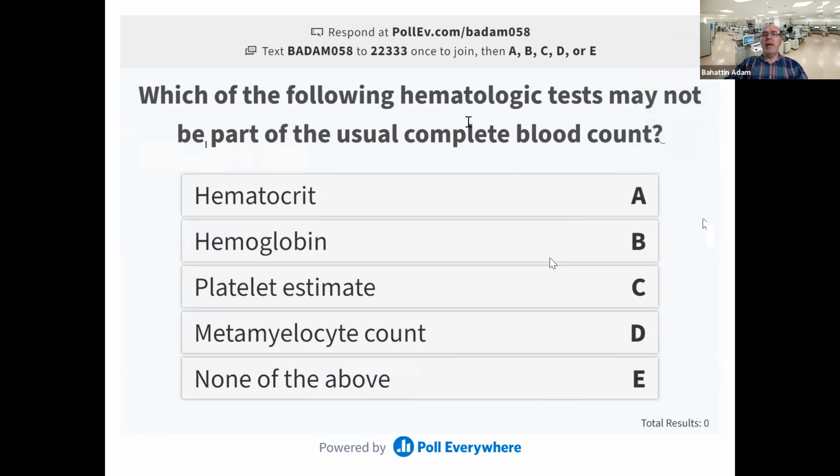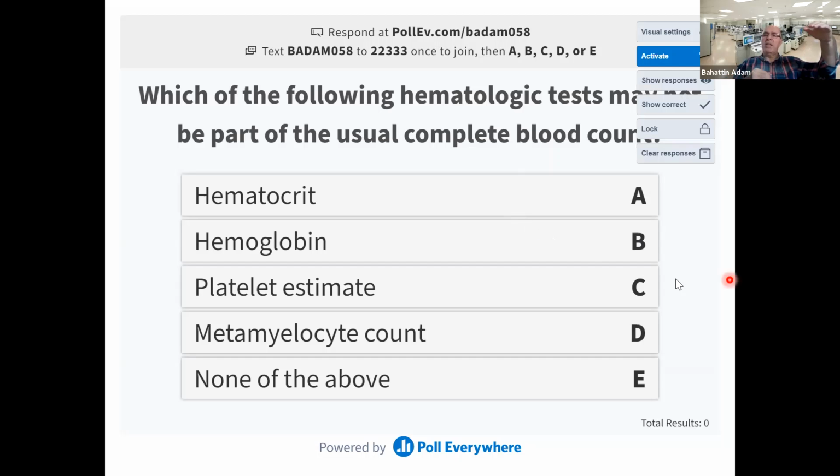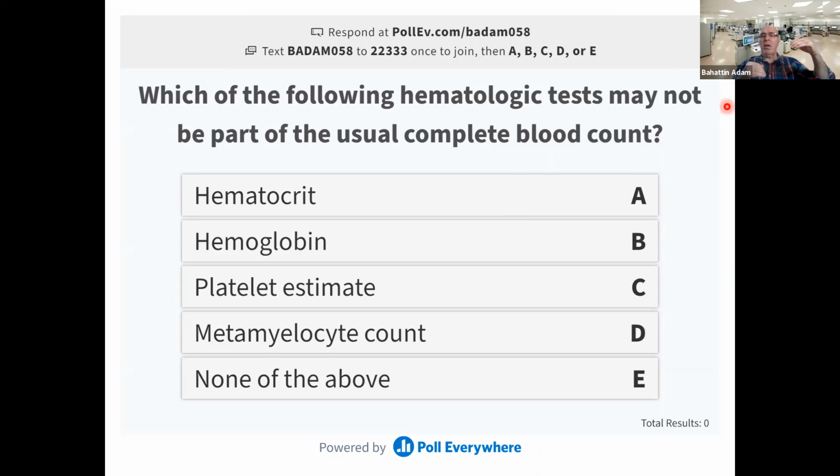Which of the following hematologic tests may not be a part of the usual complete blood count, CBC? Remember, I told you what is included in CBC: hematocrit, hemoglobin, platelet estimate, metamyelocyte count, and none of the above.